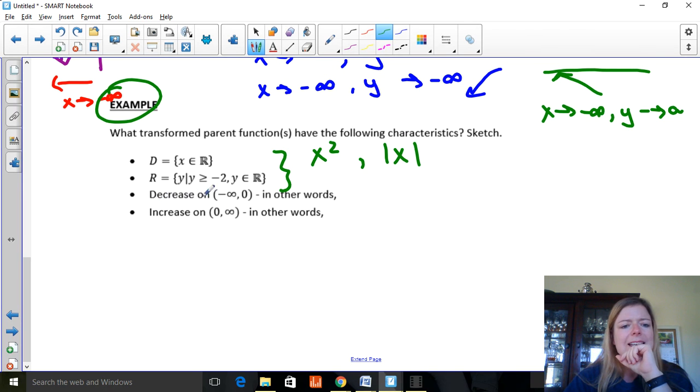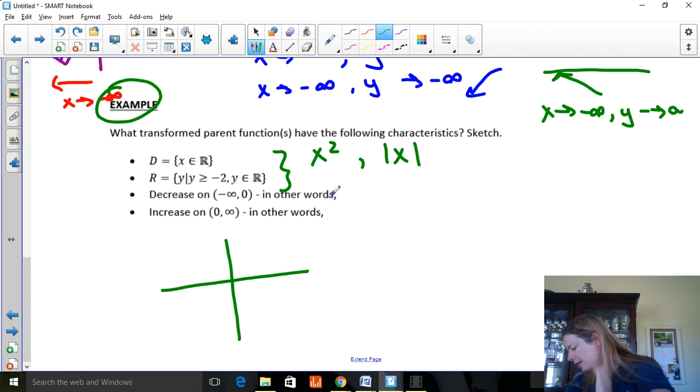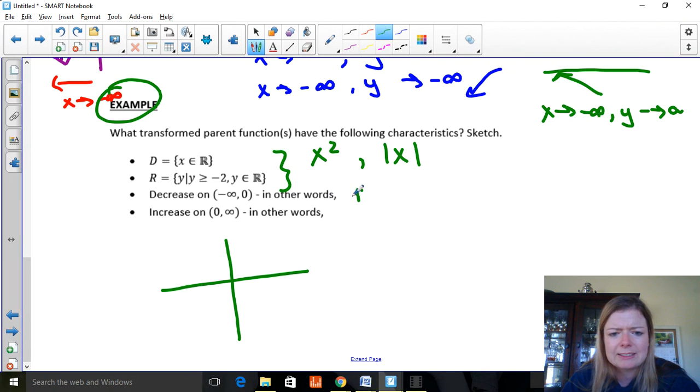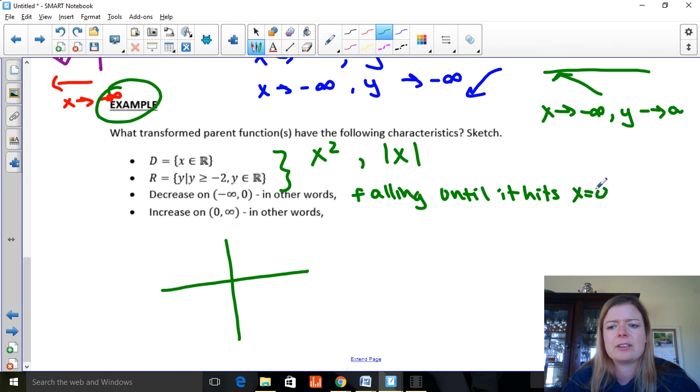It's decreasing on negative infinity to 0, so in other words, it's falling until it hits x equals 0.